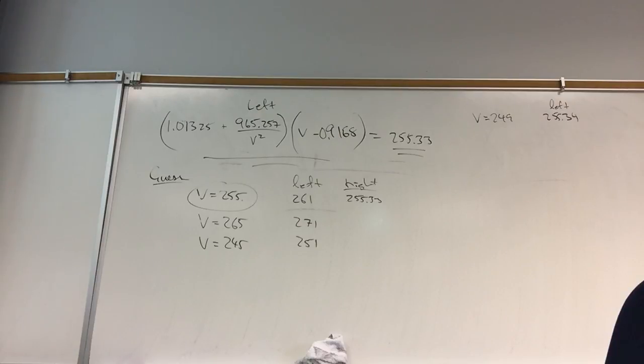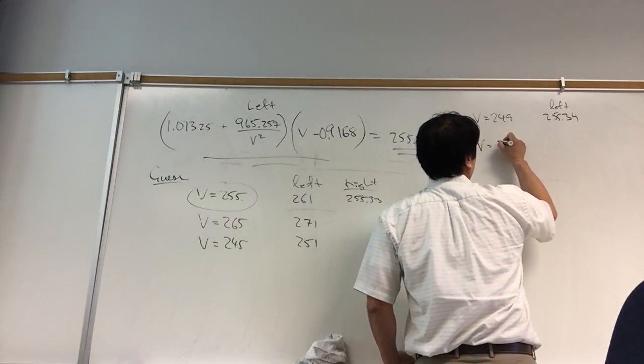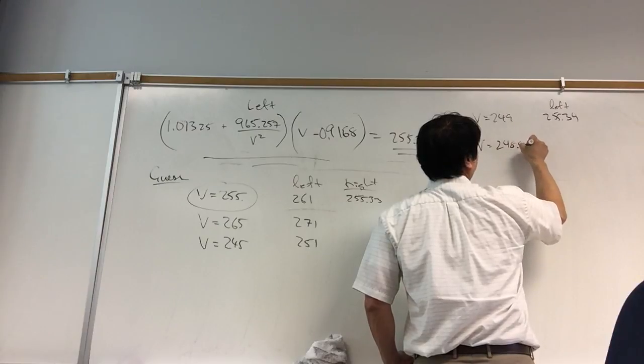So let's go with 248.99. And so that gave us 255.33, which is our target. And so we just do some guesses here. And so what we did was we did 248.9.